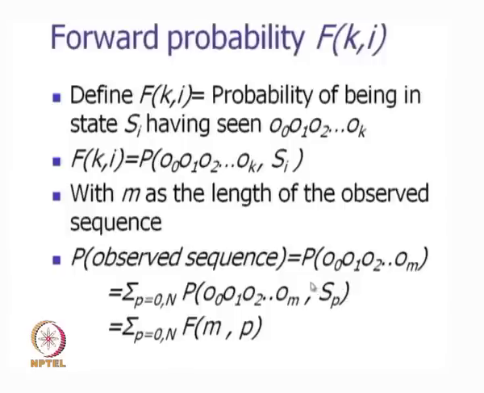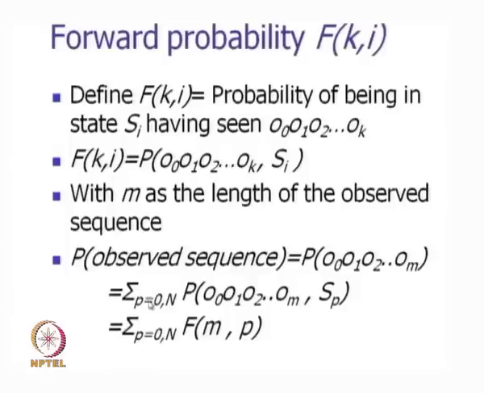S p is any state which comes after seeing the whole sequence of observations, and we have to make this random variable take all possible values, and so p is going from 0 to n. There are a total number of n plus 1 states, and this is equal to sigma p 0 to n f m p. So, we apply straightforwardly the definition of forward probability, and f m p is the representation of the whole sequence of observations and the next state.